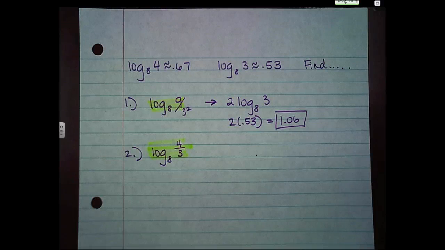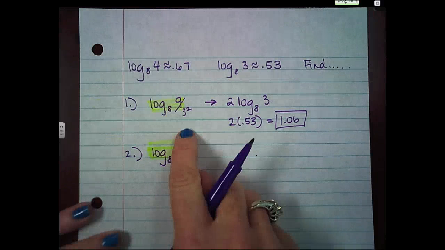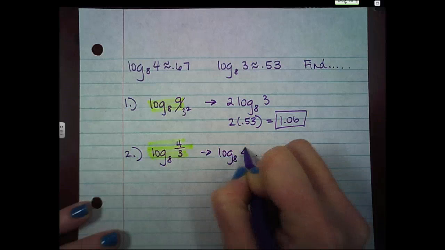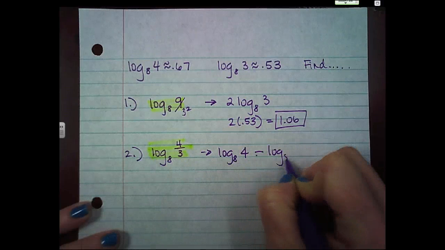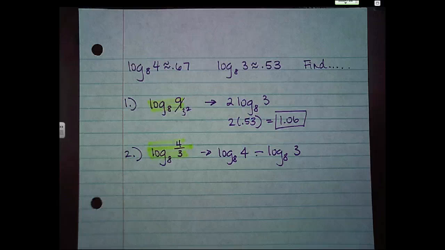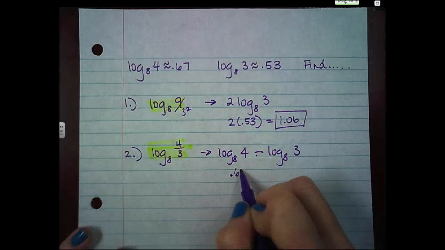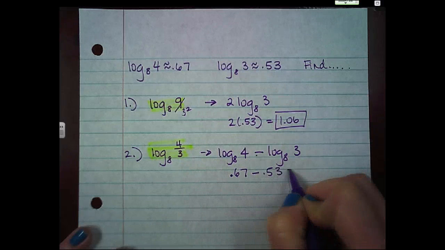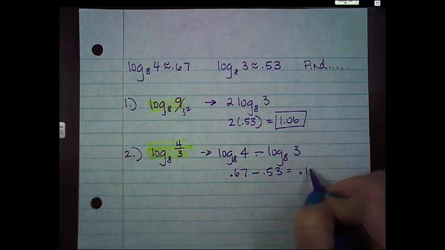I didn't have to do any extra work. Division means subtraction. So I've got log base 8 of 4 minus log base 8 of 3. Well, I know the value approximately of both of those. So this means 0.67 minus 0.53, which is going to give us 0.14.